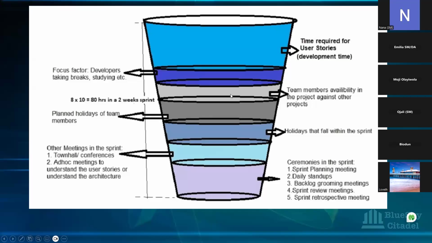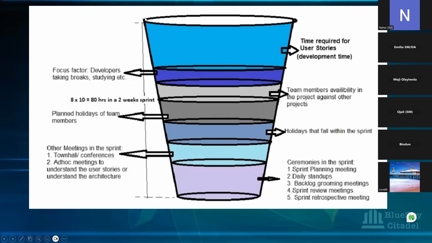Team members' availability on other projects, if you have borrowed resources, that also would be taken out. And then the focus factor also comes in, which is the time that they spend. They take a break, they go and drink water, lunch time, study time and everything; all those will be taken into consideration.